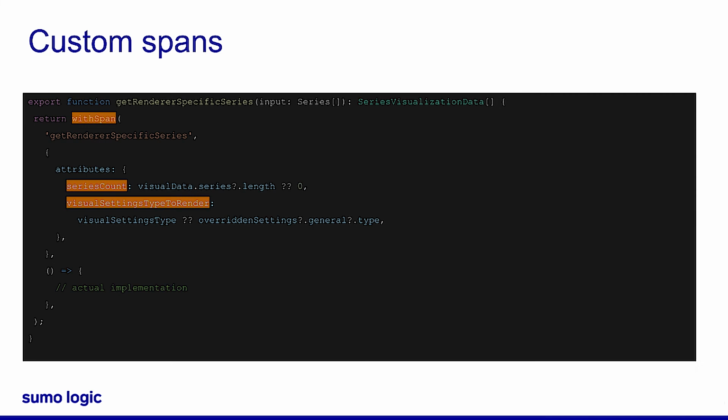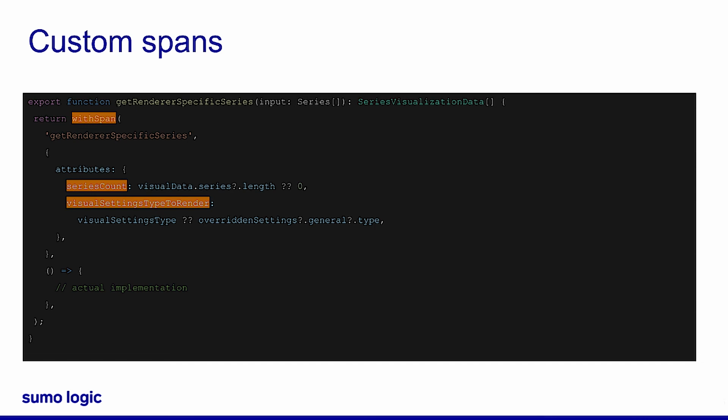All you have to do is to wrap this function call with the withSpan function that also comes from our SDK. And this will cause a custom span to be sent on every call to this function. And the duration of this span will represent the time it took to execute this function.